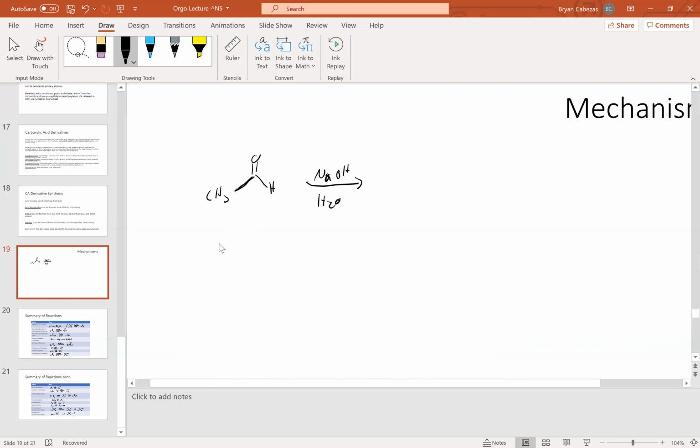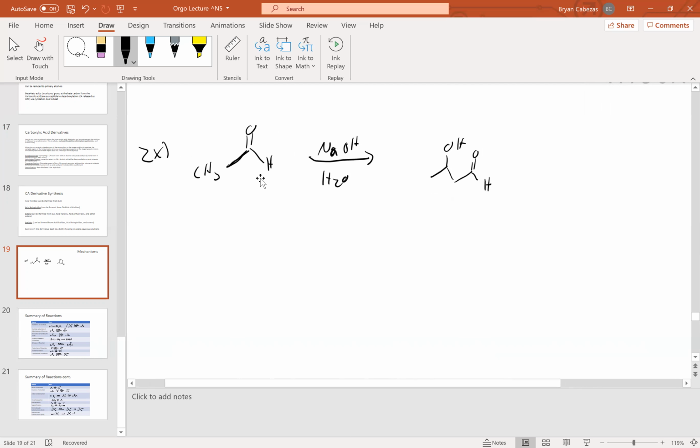And then, taking two of these carbonyls, as our product for this reaction we're going to have the beta hydroxycarbonyl form as such.